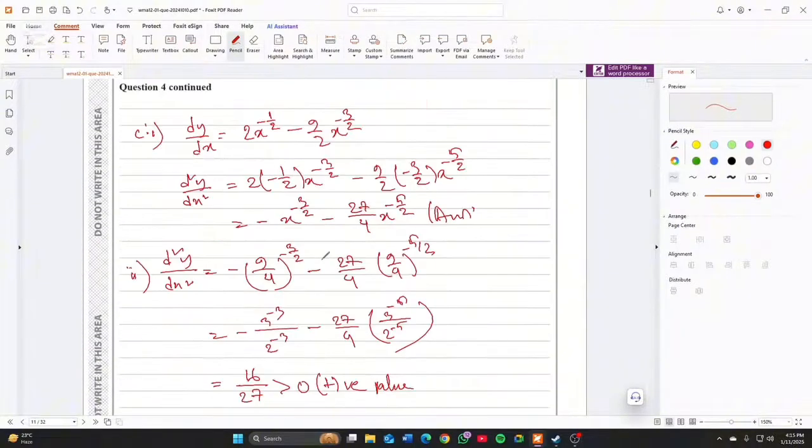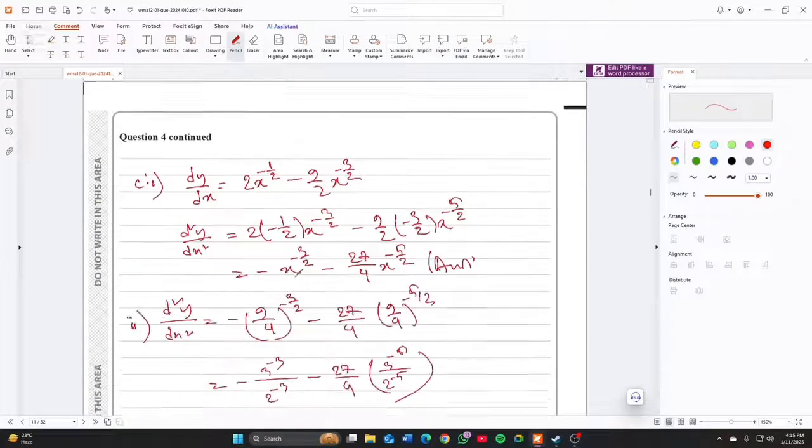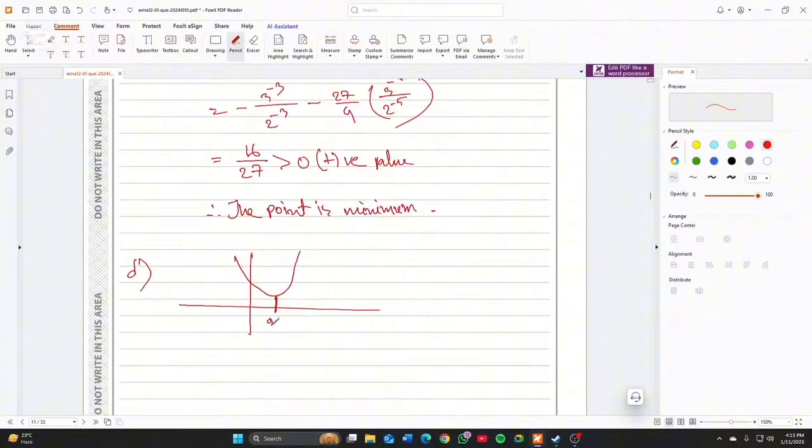And we know that at the minimum point, the coordinate of x was 9/4. So this value was 9/4. This is the x-axis and this is the y-axis. Therefore, the graph is decreasing for x less than 9/4.